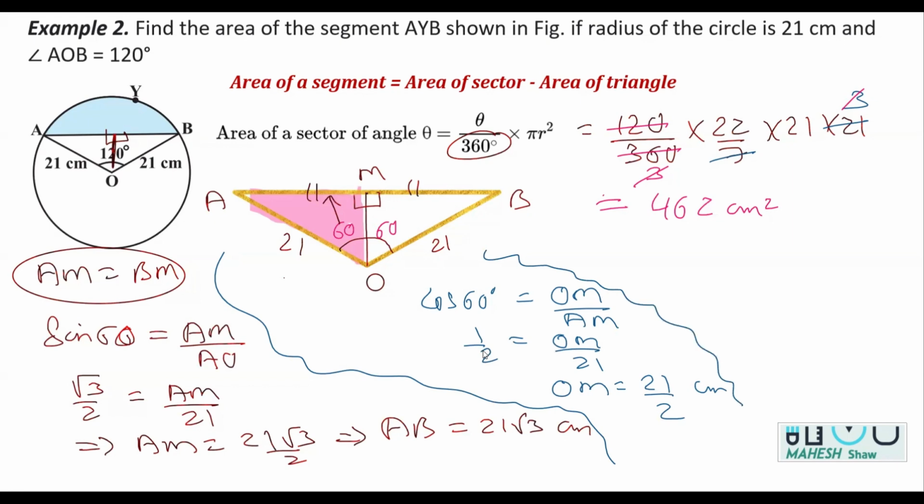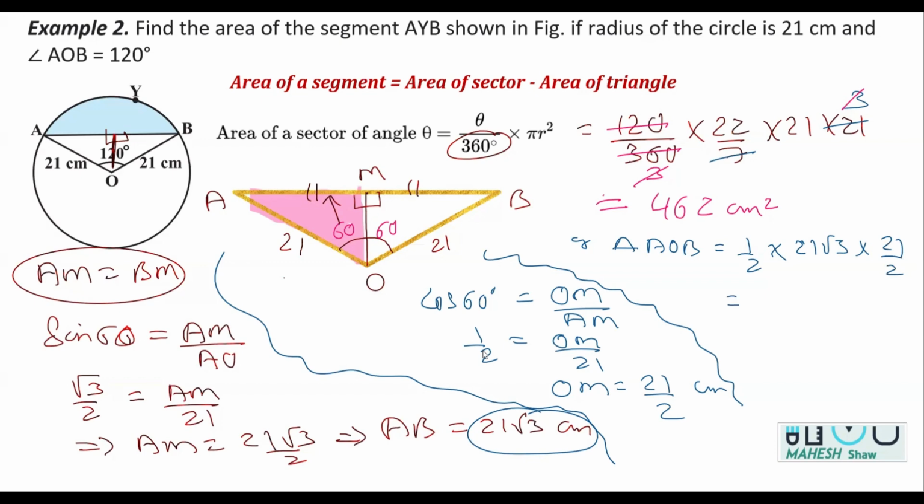And so now we can calculate the area of the triangle AOB, and its area is half into base. The base is AB, which is 21 root 3, and the altitude is 21 over 2.